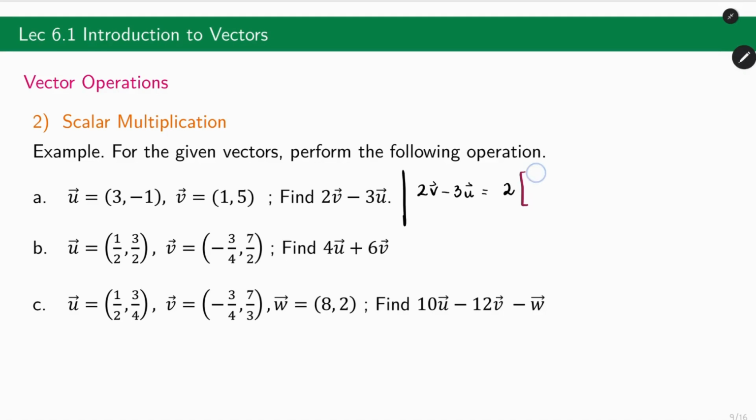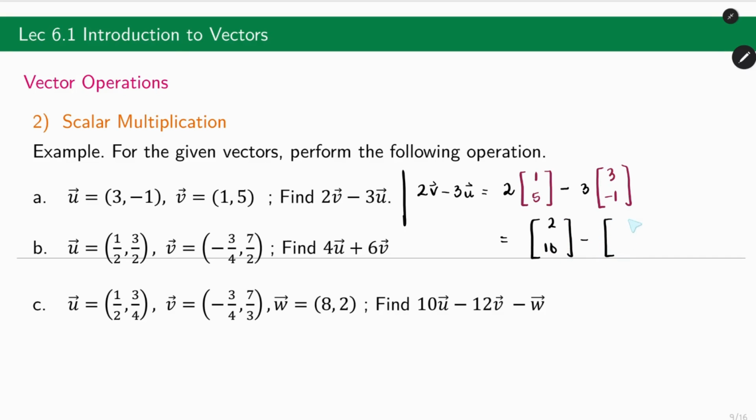We have here 1, 5, and then minus 3, okay, performing the multiplication, we will have 2, 10, minus 9 and negative 3. Be careful. Take note that I only multiplied 3 here. I left the subtraction symbol here.